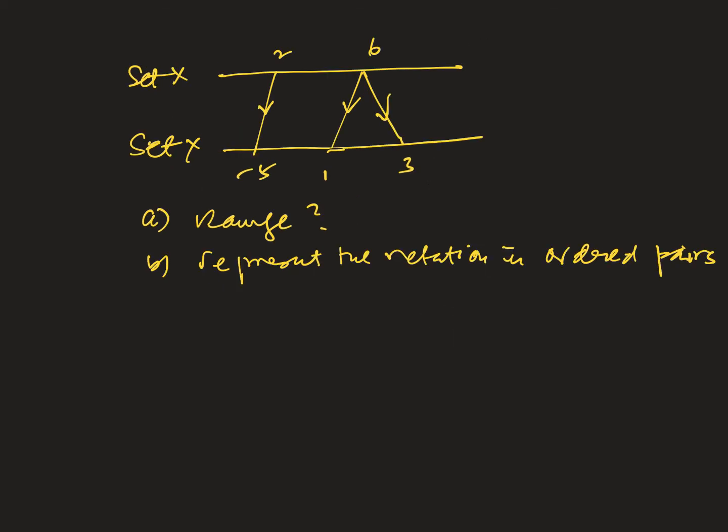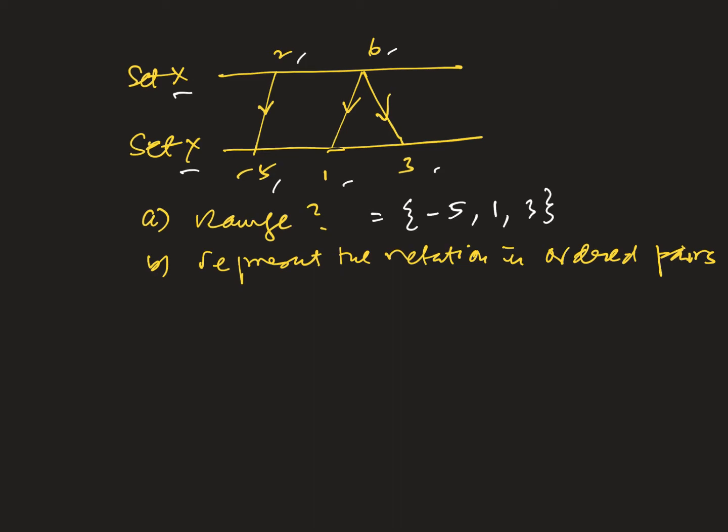You can see here, this is another type of arrow diagram where set X is mapped into set Y by the relationship from 2 to -5, and 6 to 1 and 3. You are asked to find the range. The range is actually all the images in set Y. So the range is -5, 1, and 3.